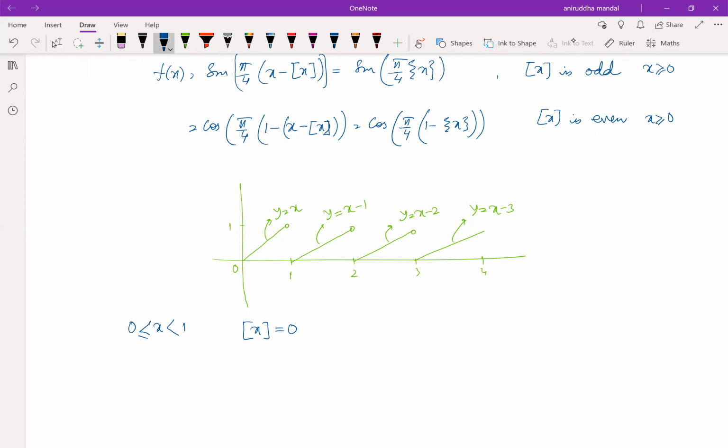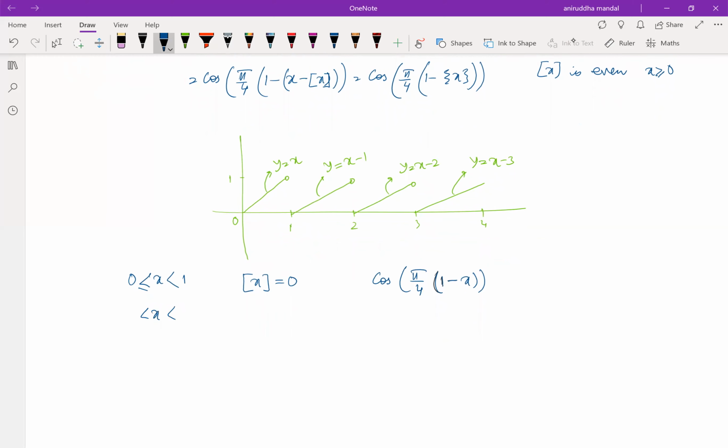So the function is cos(pi/4 (1 minus x)), because in between 0 and 1, the fractional part of x is x. So this is first.